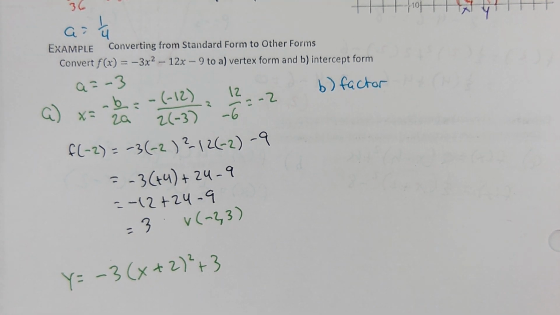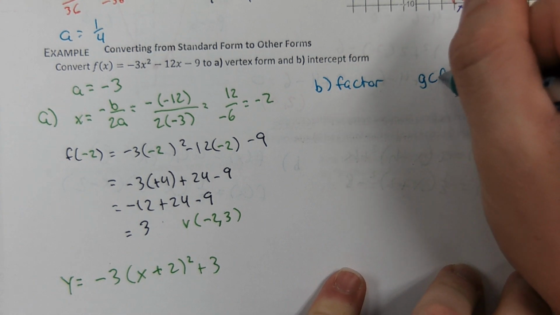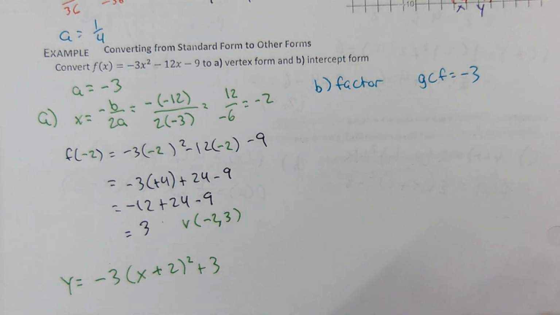And also, if the front number of something you're trying to factor is negative, you always say there is a negative GCF. So our negative GCF is -3. So what we're going to do is factor the -3 off of our polynomial.